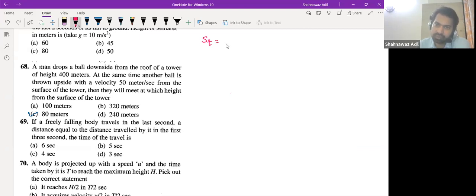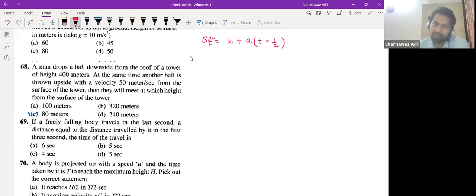Sir, ut plus half at square. No, that is distance traveled in t seconds. I'm asking about distance traveled in the nth second. So this came out to be u plus at minus half a. Do you remember it now?